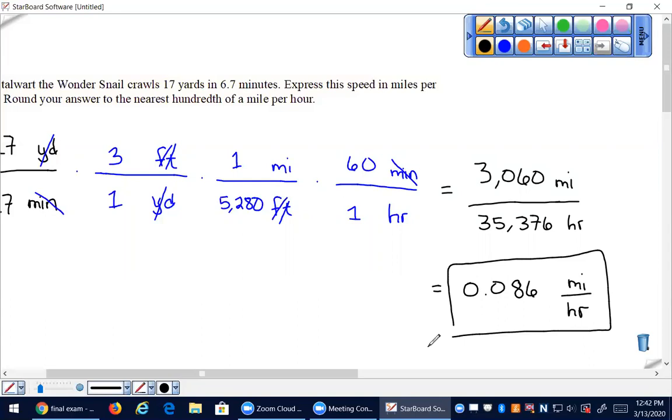Okay. Yay! It's easy. I don't like these problems when I'm by myself. But that's why people do math in groups.